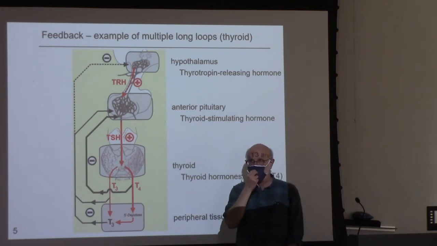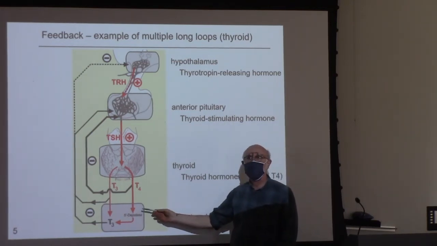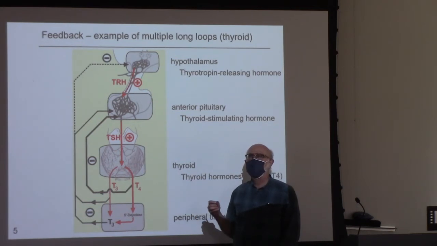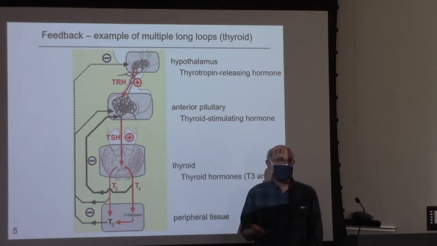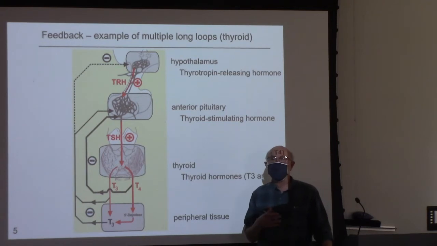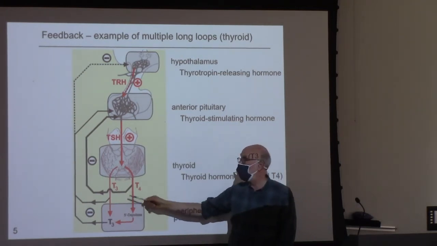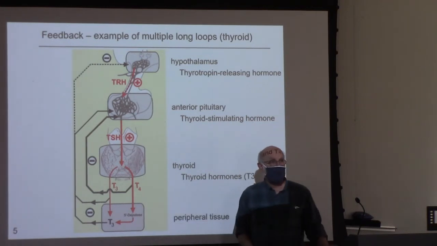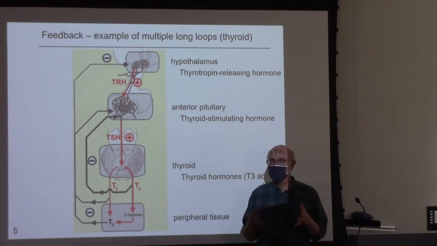In development, if there is a problem with thyroid hormone production, there is a problem with brain development. Mental, cognitive, neurodevelopmental defects can happen if there is a decrease in thyroid hormone during fetal development.